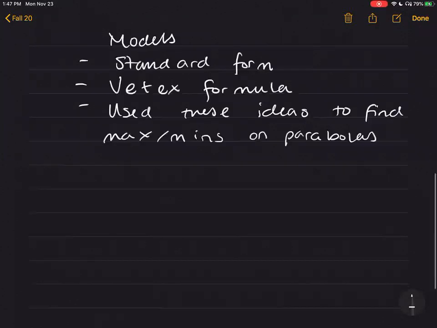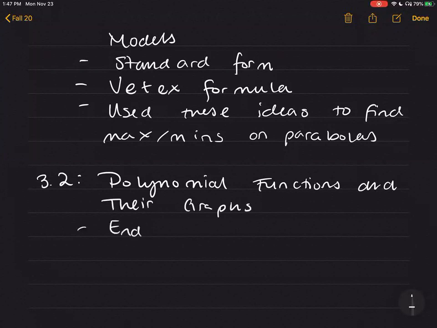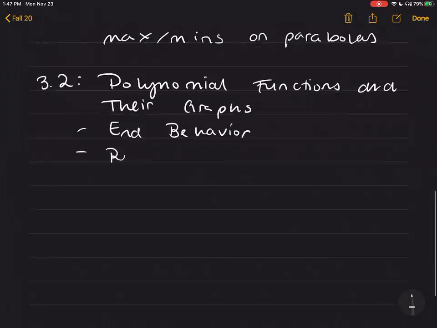And then lastly, section 3.2 talked about polynomial functions and their graphs. To that end, we talked about the end behavior. We talked about the roots and zeros.